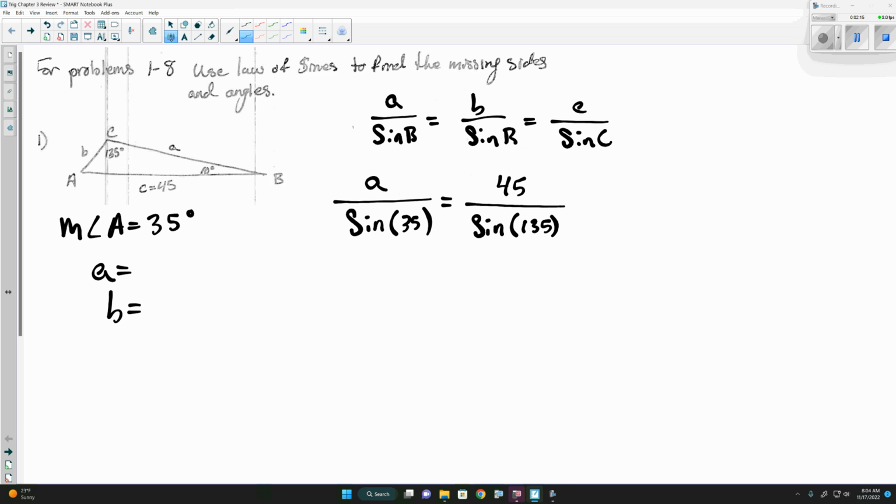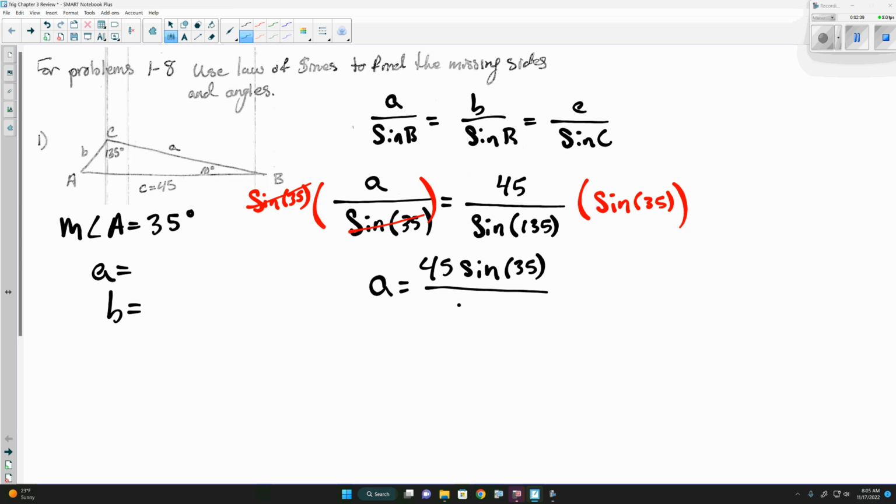Questions on this so far? Well, to get a by itself, we can multiply both sides by sine of 35 degrees, which simplifies to 1, telling us a is equal to 45 times sine of 35 degrees over sine of 135 degrees.